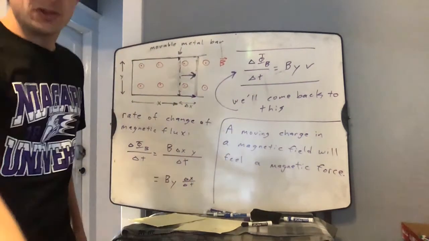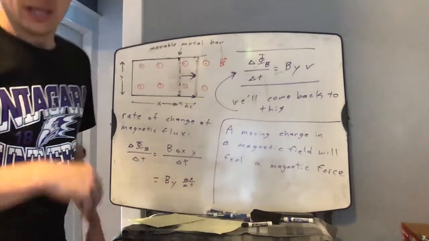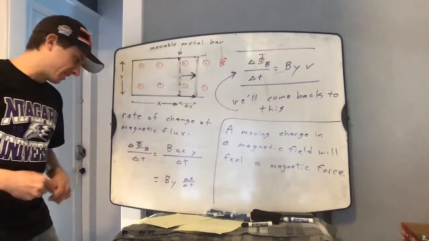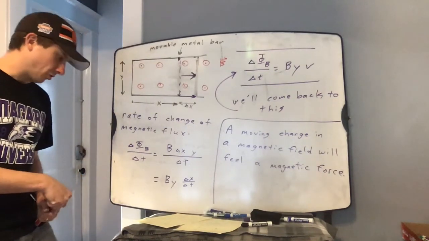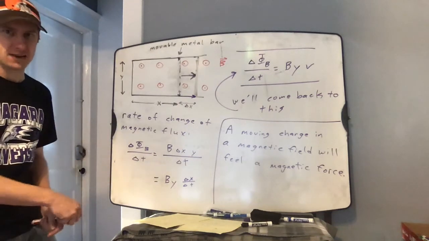So where are the moving charges in this problem? Well, we said before that the bar itself was made out of metal, and metal contains electrons in it, the conduction electrons.